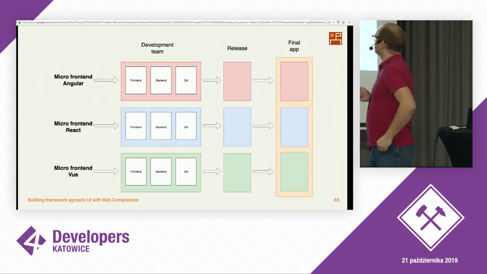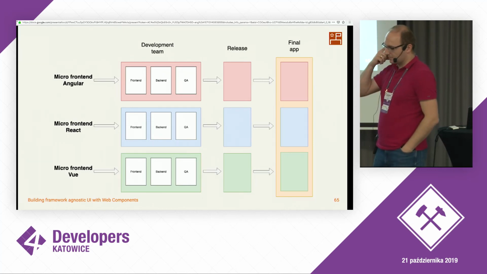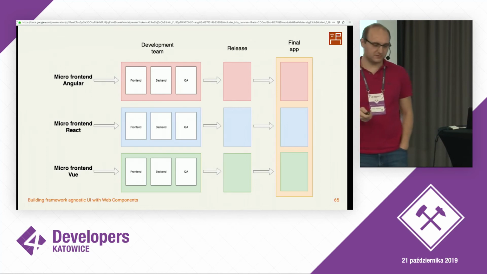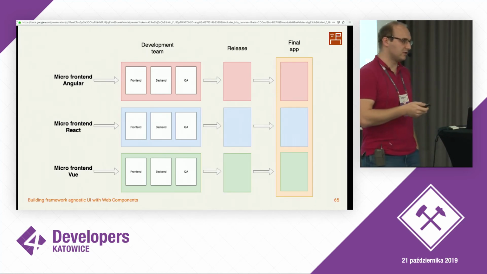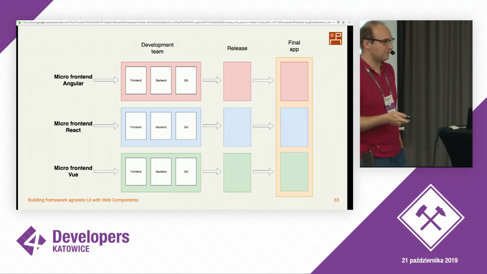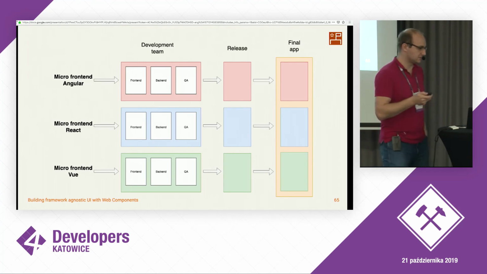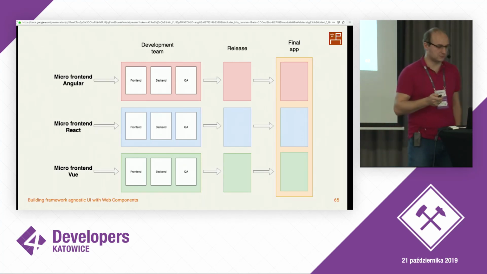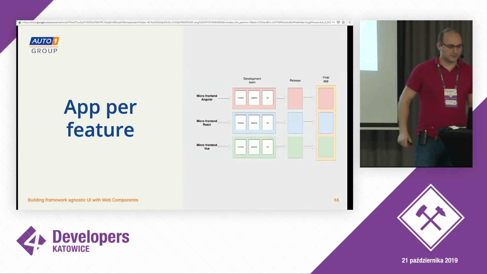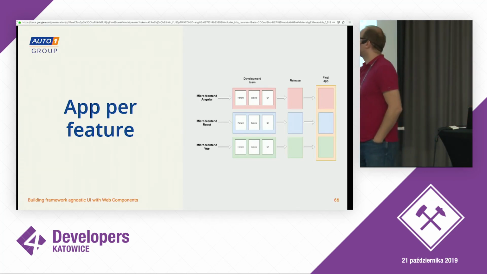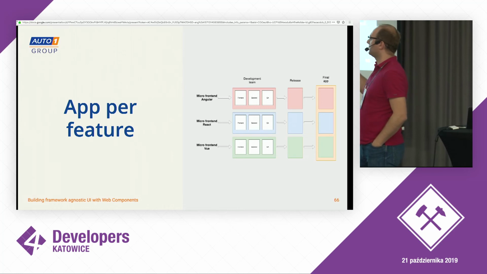What is really important here is that it would be very irresponsible to use three different frameworks on the same page because of the increased payload, the increased site size. So on this slide, I'm going to explain why we have an application per feature.